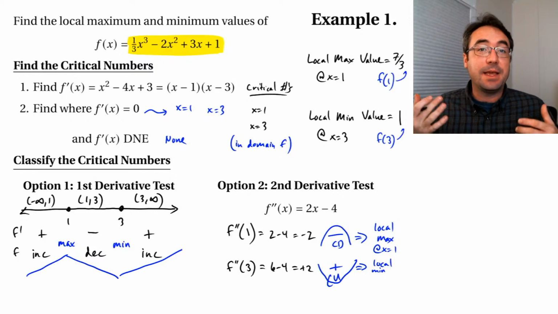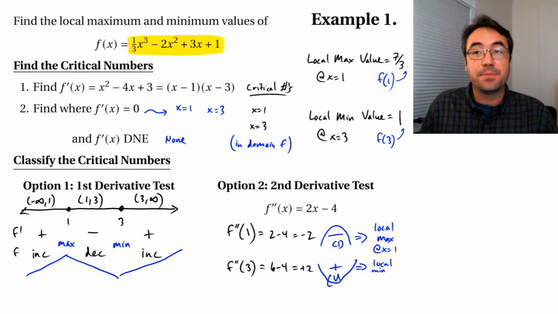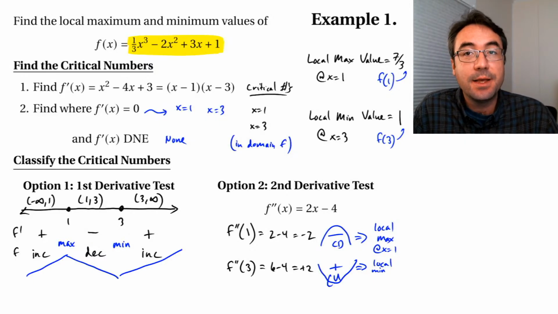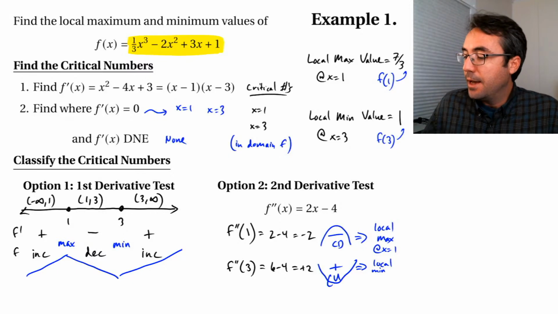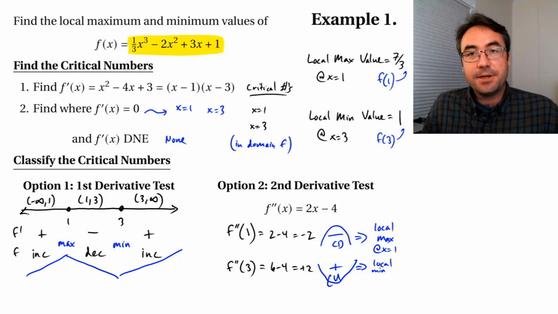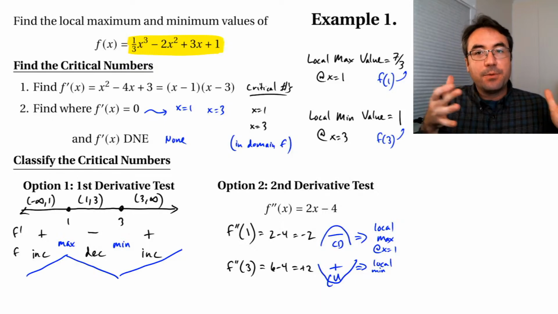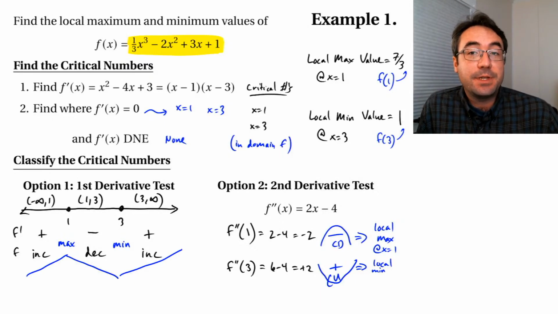That's how we get the actual local max value, by going back to our original function and plugging in to find y, essentially. All right, so just example one there, if we were going to do either the first derivative test or the second derivative test, that's what we would have seen.